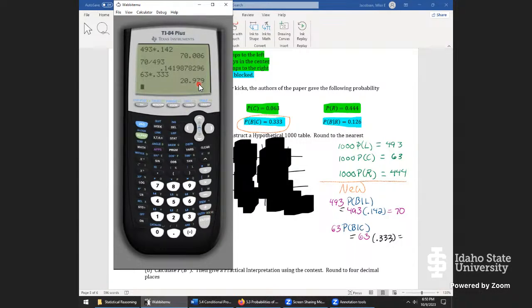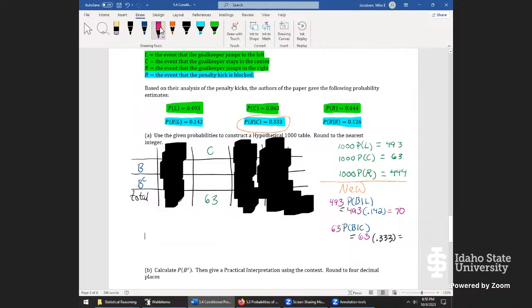That's the nearest integer. So we'll say 21 kicks are what results right here. 21 goes into this location, and that means it goes to that location as well. Then we can take the 63 minus the 21 and end up at a 42.